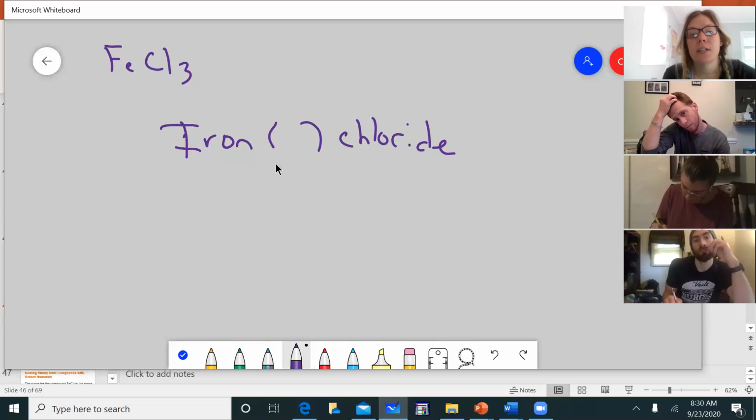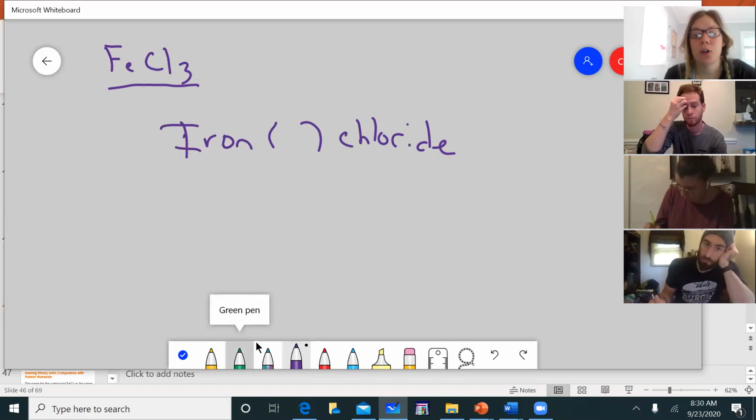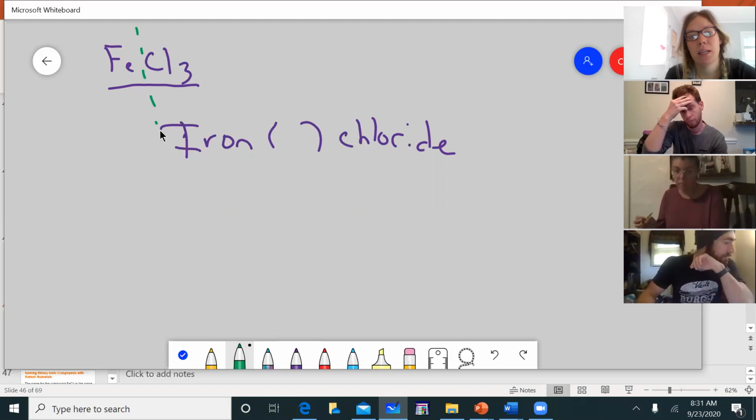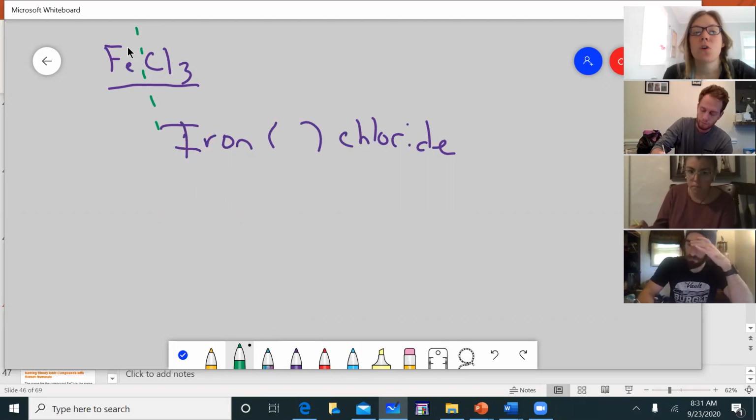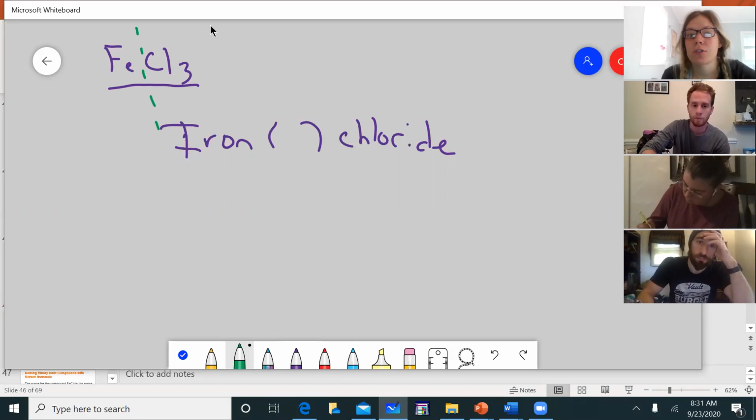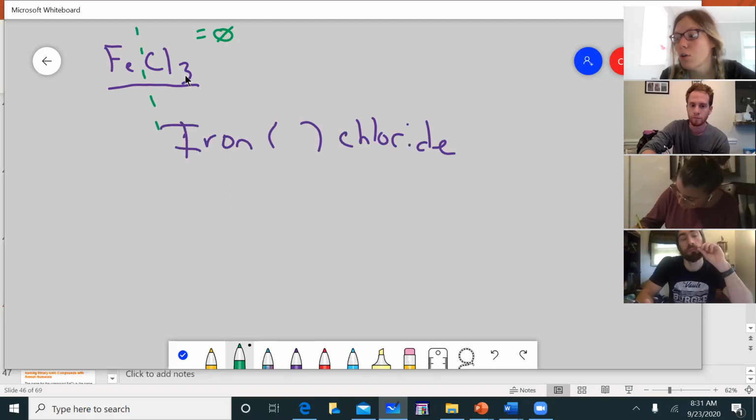Now, I need to figure out what the charge is on this iron in this formula. Well, we go from what we do know to get what we don't know. So I make a line in between where my metal is and my non-metal is. This overall compound has a 0 charge. Metals and nonmetals come together to form a net 0 charge, so all the nonmetal stuff needs to be equal and opposite in charge to the metal stuff. What is the charge on chlorine?